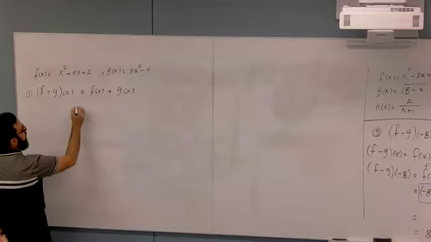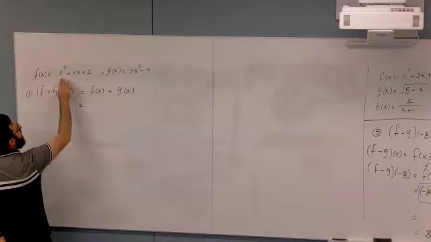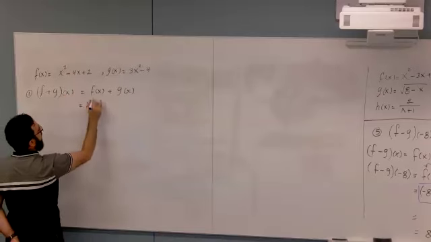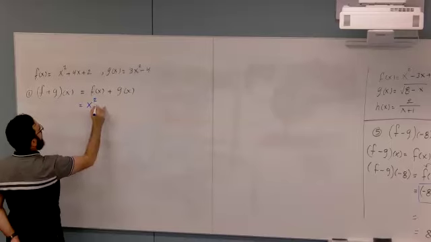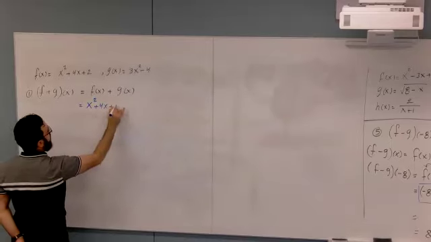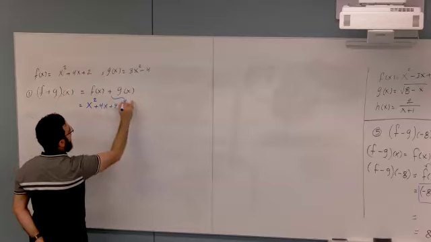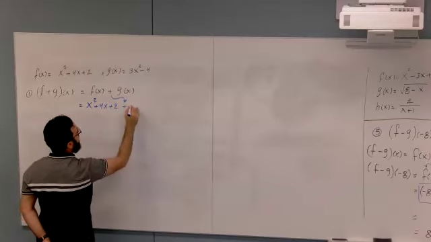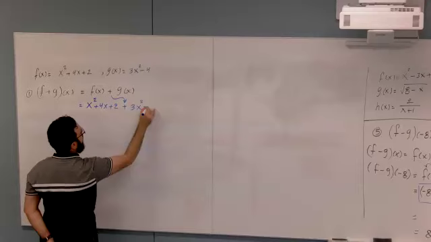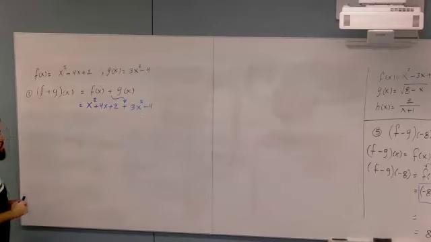So now it's going to be f of x, the whole function, x squared plus 4x plus 2, here is the plus sign, g of x is 3x squared minus 4. Is that okay?